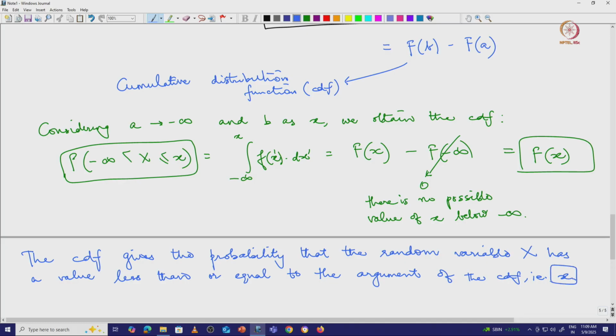So the CDF F of x gives the probability that the random variable X has a value less than or equal to small x.